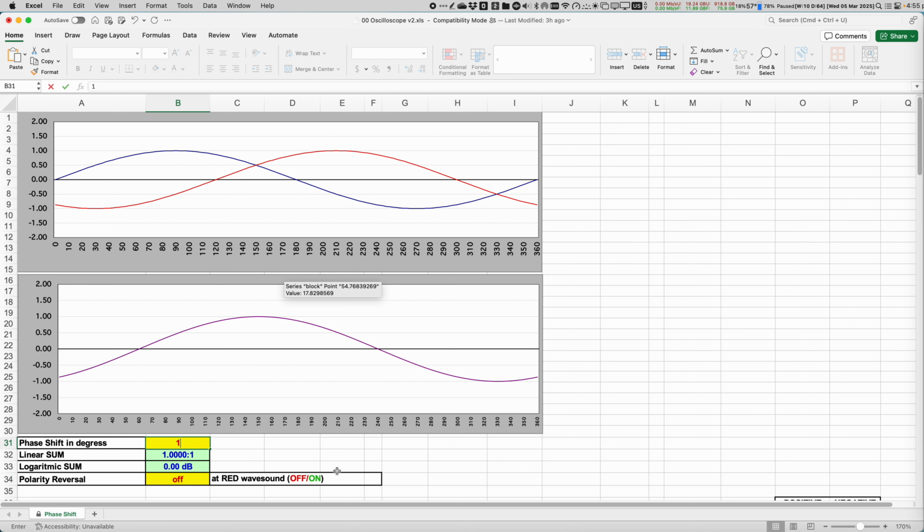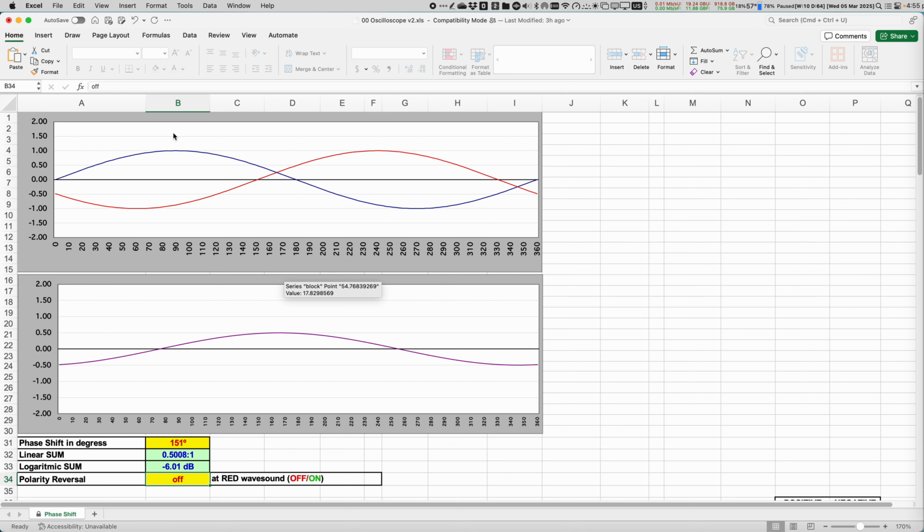If I have more phase shift, in this case 151 degree, with 151 degree phase shift, then we have half of the individual level, that in this case instead of 1 we have 0.5, and in decibel it is -6.